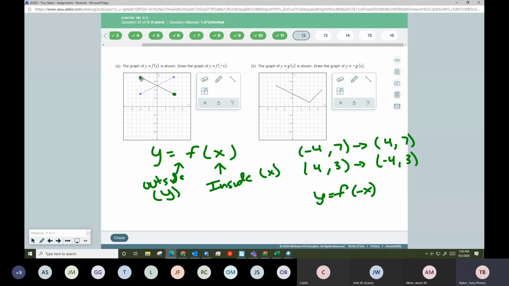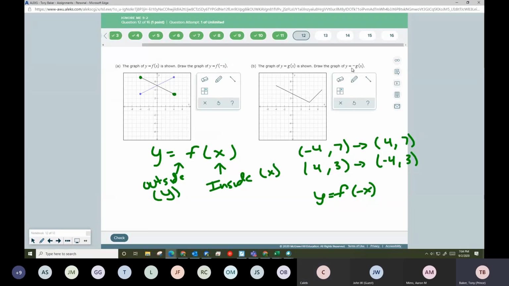So the first point here was -4, 7. Since that negative is next to the x, that -4 becomes a +4. The other point was a +4, 3. So since it's a +4, that negative x tells it to become a -4. And then I graph them.